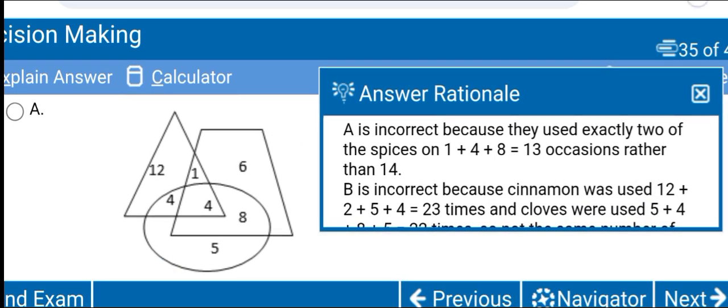because they used exactly 2 of the spices on 1 plus 4 plus 8 equals 13 occasions rather than 14.